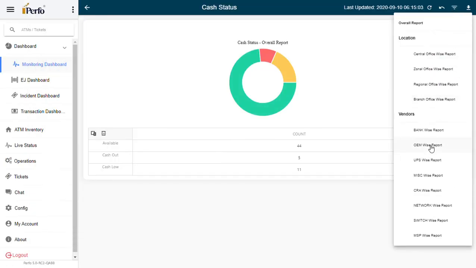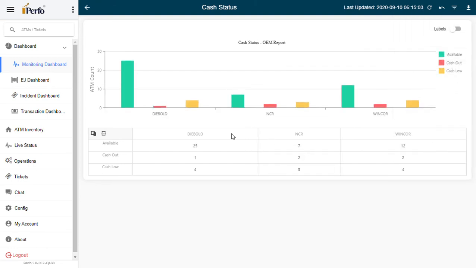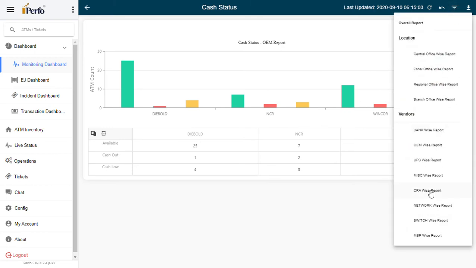The same way, you can take it from an OEM standpoint: which machines, Diebold or NCR, are relatively affected by cash flow conditions. A more sensible thing would be to look at cash positions by the CRA, the replenishment agency itself.